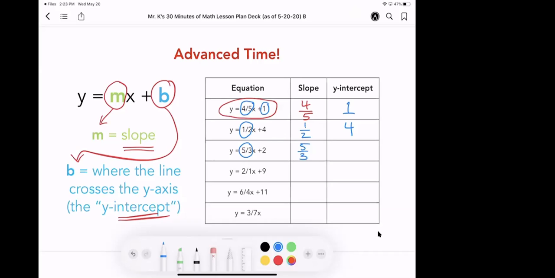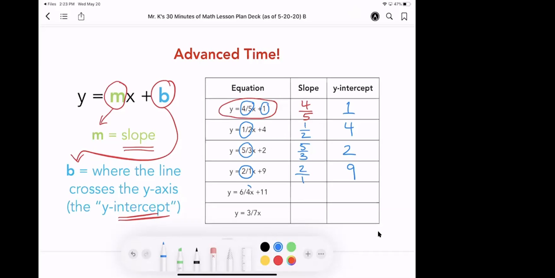And where is it going to cross the y-axis? At 2. Excellent. Next one has a slope of what? 2. That's right, 2/1, which is the same as 2. And it's going to cross the y-axis at 9. You guys are getting the hang of this.